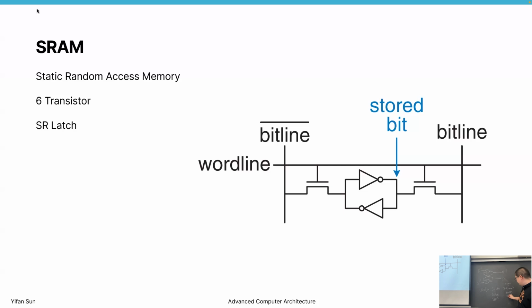This is DRAM. And that's the size comparison between SRAM and DRAM. And don't get confused here: this 80 gigabytes of DRAM is not on this 800 square millimeter chip, okay?